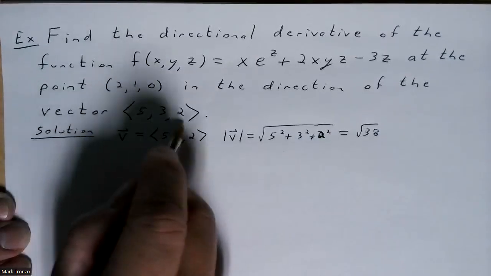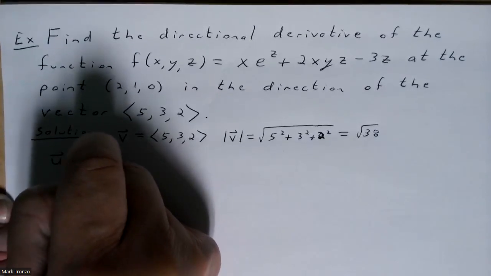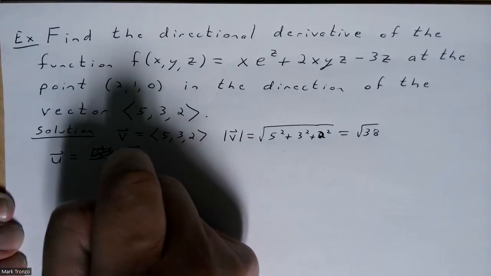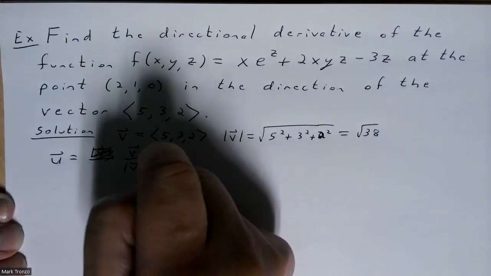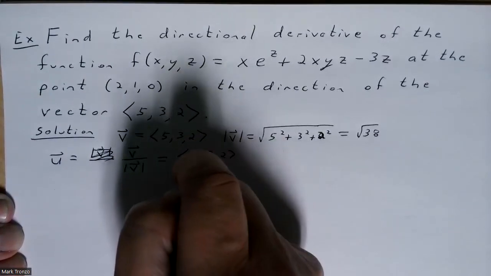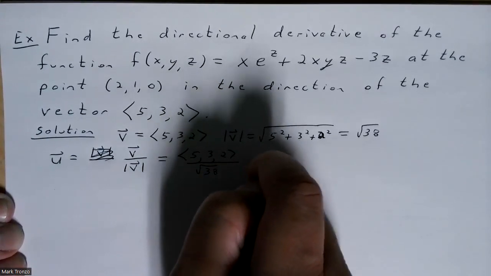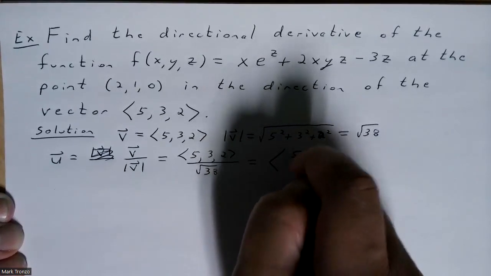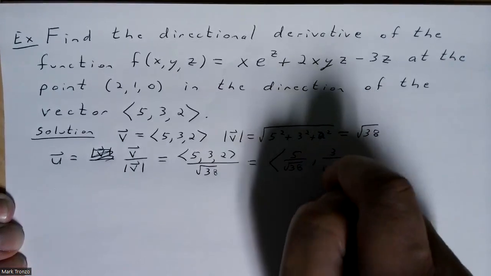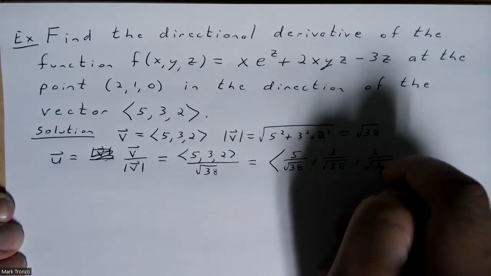So a unit vector in the direction which we want to go is going to be given by this. That's going to be 5, 3, 2 divided by square root of 38, which is equal to 5 over square root of 38, 3 over square root of 38, 2 over square root of 38.